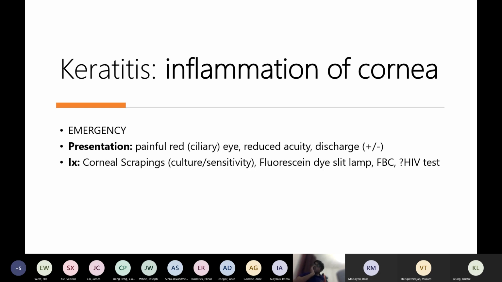You could look at the white cells for infection, but funnily enough, sometimes infections of the eyes don't necessarily cause white cells to increase. But you could definitely look for that, especially if they've got an infection that's spread to the eye. The other thing is certain haematological malignancies can cause suppression of your immune system, and this might present like this. So you also want to do a full blood count for that reason. So it's like a 2-hit thing.